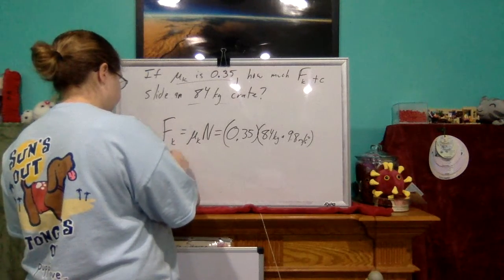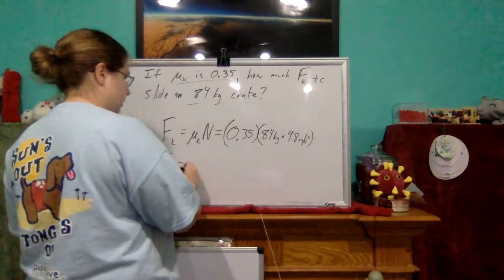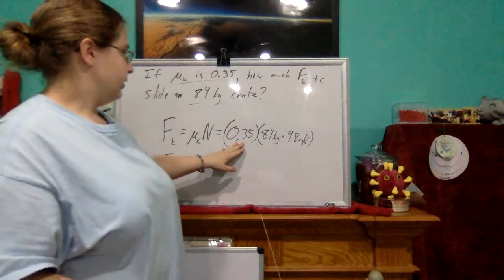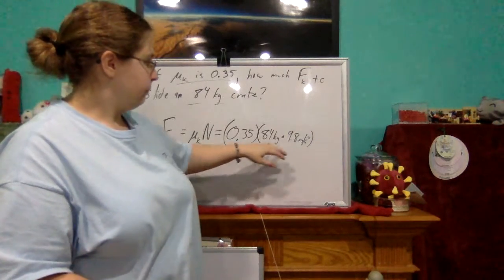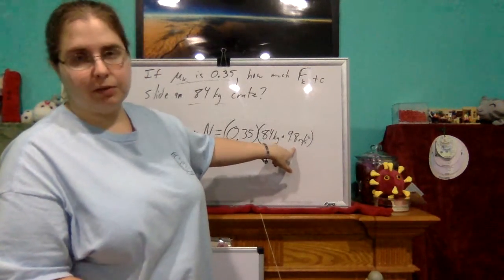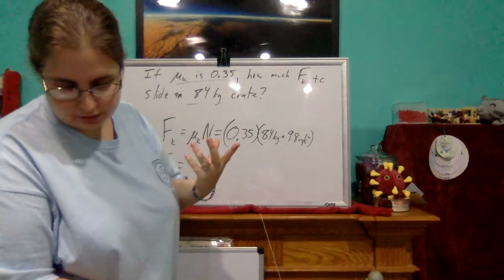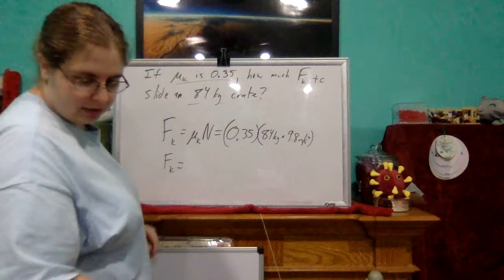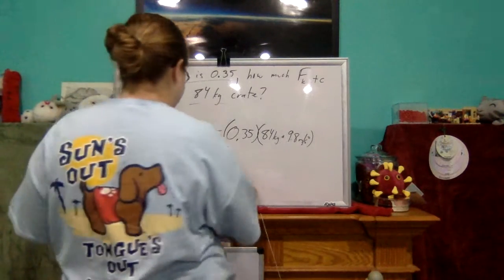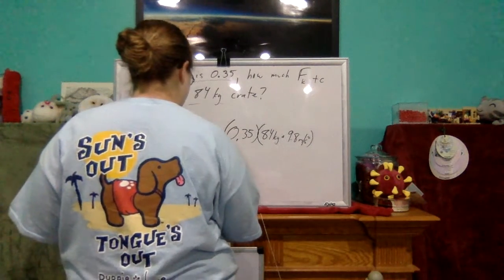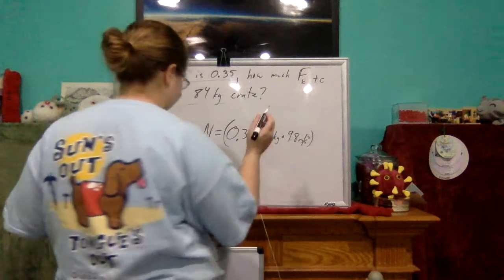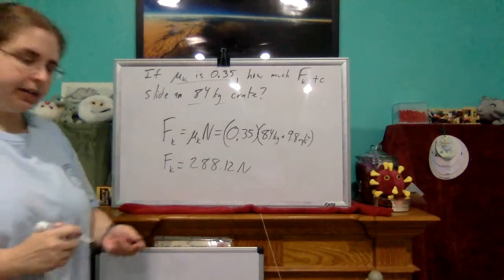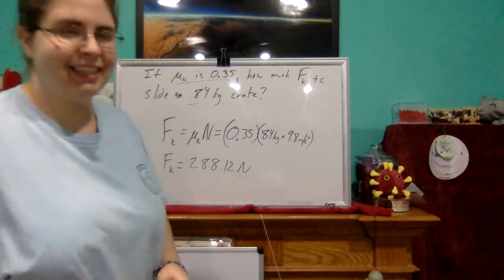So we have the coefficient of friction times the mass of the object times gravitational acceleration, and we get 288.12 newtons. All right. Not horrible, right? Now you guys got this.